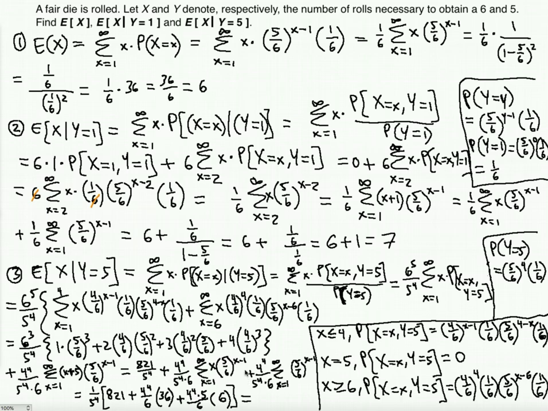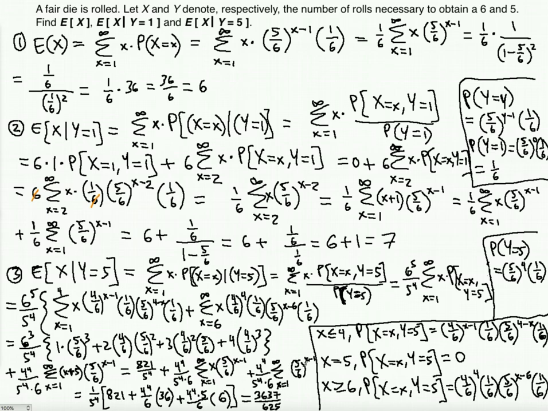If you do the algebra right, you should get this answer: 3637 over 625. So that is exactly the expected value of the x random variable given that the y random variable is equal to 5. This is about 5.8 something.